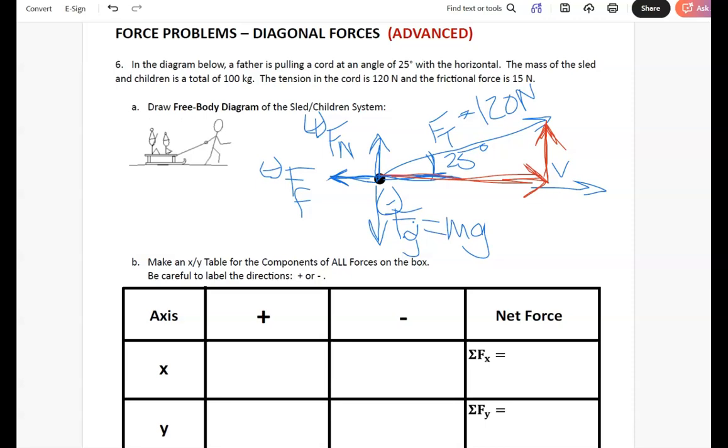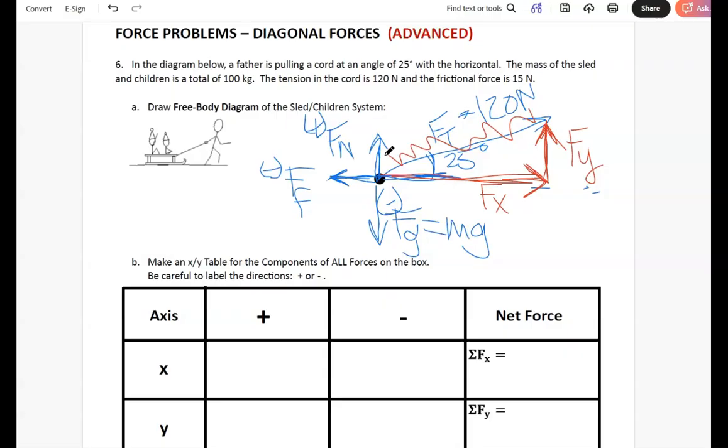I'm just going to erase this little thing with the velocity. And now we'll label that as the force component in the Y direction, and the force component in the X direction. And we'll just not deal with the diagonal one. We have replaced the diagonal with two component forces.